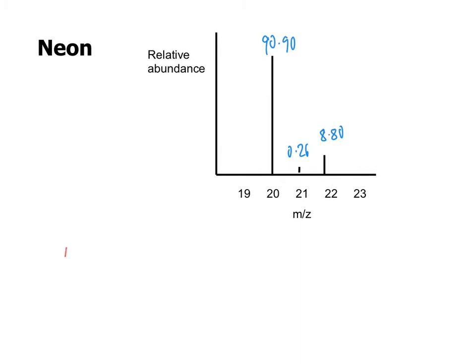So that's what we're trying to work out. We've got one isotope of 20, and we have an abundance of 90.90. We have another isotope of 21, with an abundance of 0.26.